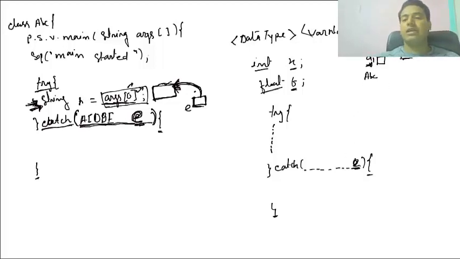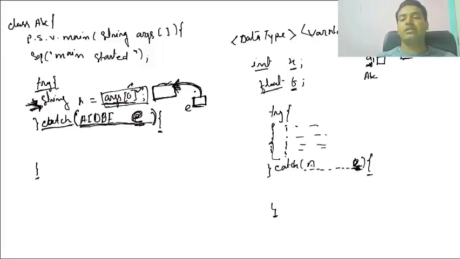Now here when I am declaring e, its type should be exactly the same type as the exception object which may be generated from these statements. If these statements generate any exception, then that exception object will be of which type? That type should be the type of e, so that e can point to that object.